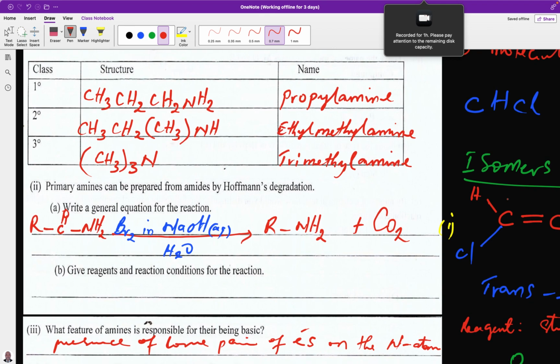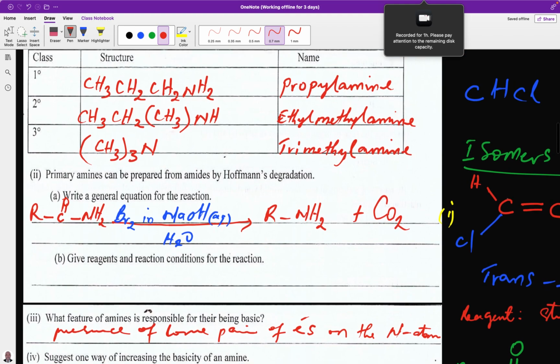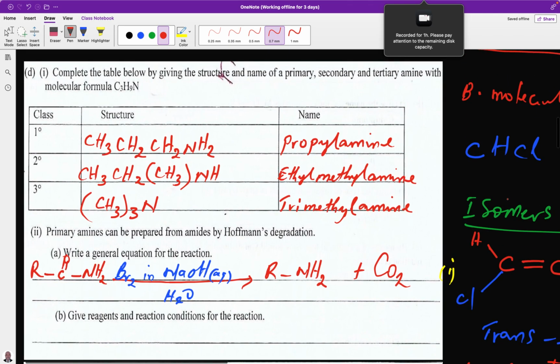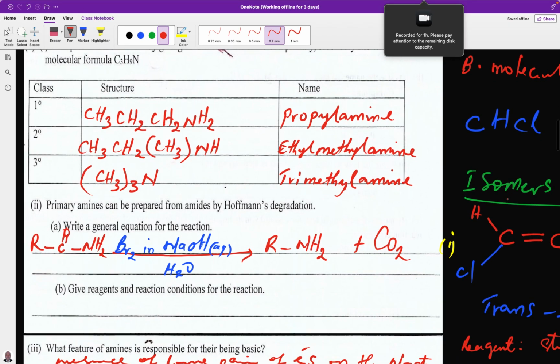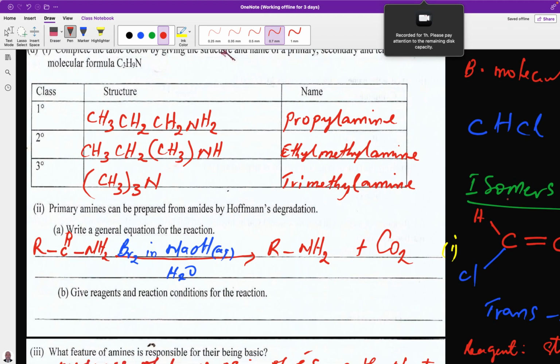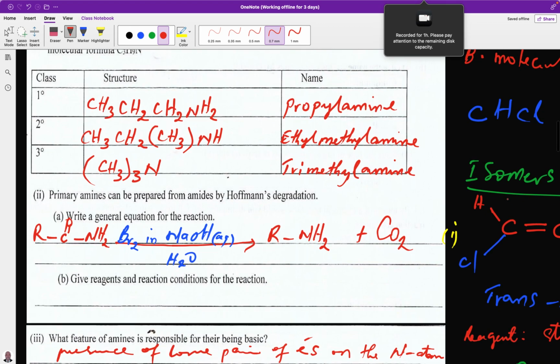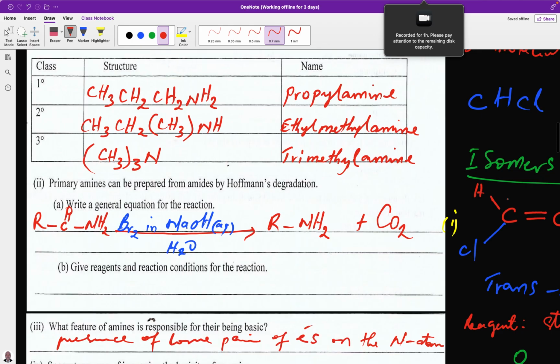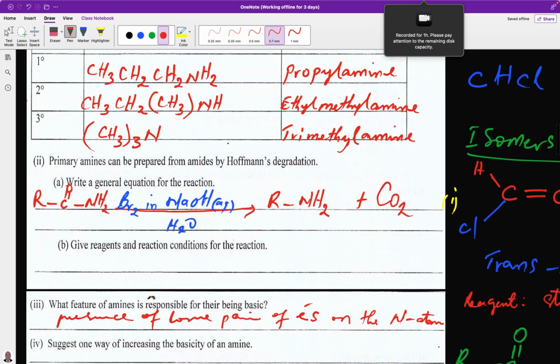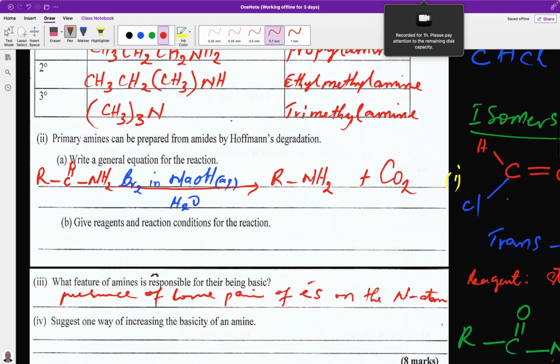And when the three hydrogens on the ammonia are substituted, we form a tertiary amine. In that case, we're given C3H9N to deduce the different classes of amine that this compound can form. We came out with propylamine, ethylmethylamine, and trimethylamine. And I gave the structures here, you saw them.